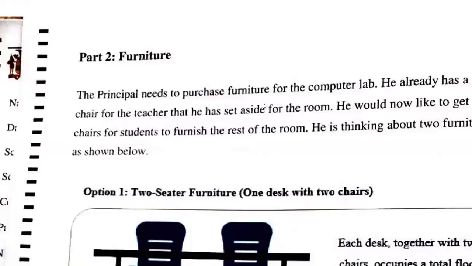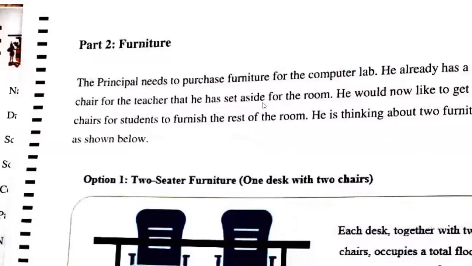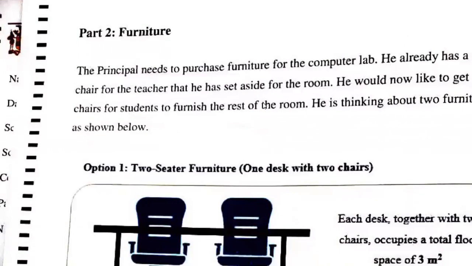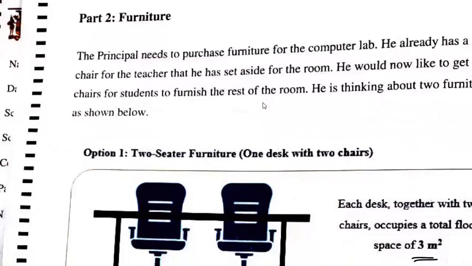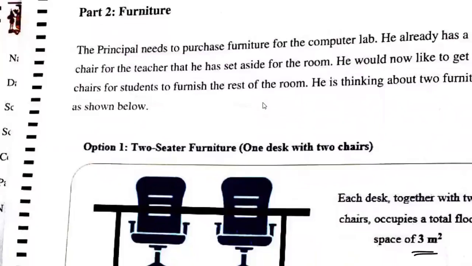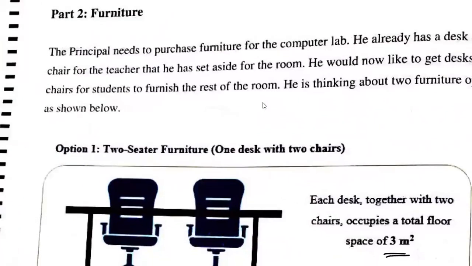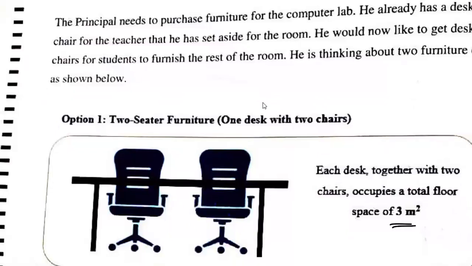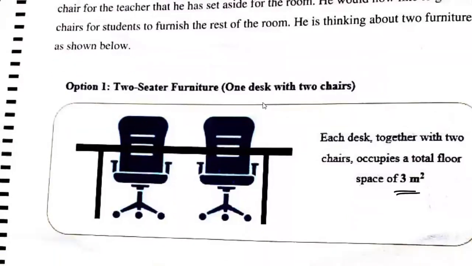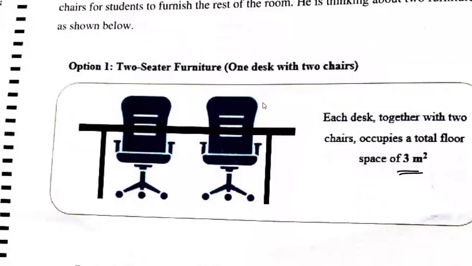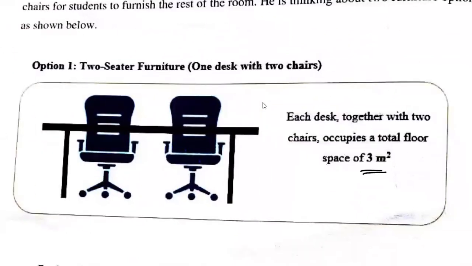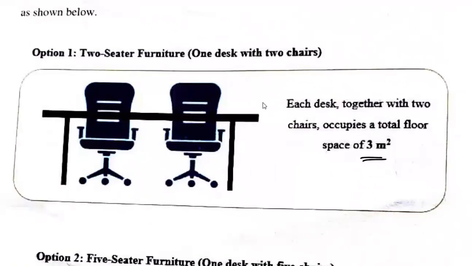Right, let's look at part 2. It says the principal needs to purchase the furniture for the computer lab. He already has the chair for the teacher that he set aside for the room. He would like to get chairs for the students to furnish the rest of the room. He's thinking about 2 furniture options shown below. So first we have the 2-seater, 1 desk with 2 chairs, and each desk together with 2 chairs occupies 3 meters square.